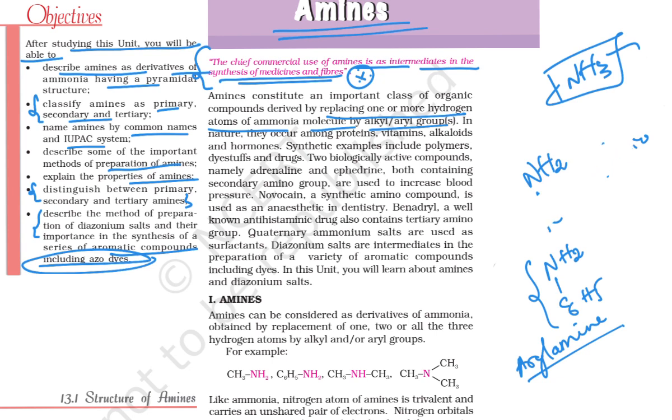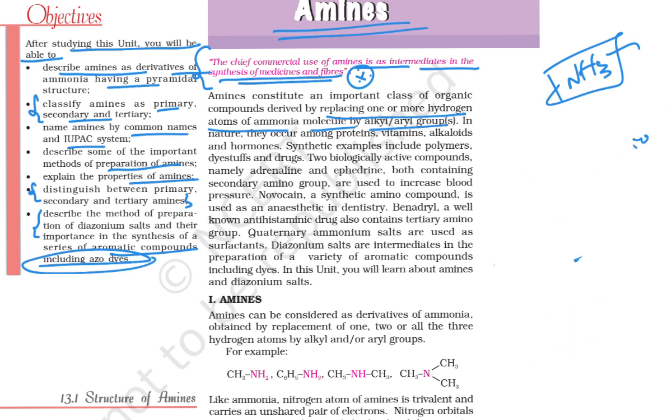Next, synthetic examples include polymers, dyes, drugs, and biologically active compounds. More important are adrenaline and ephedrine. Both contain the secondary amino group and are used to increase blood pressure.